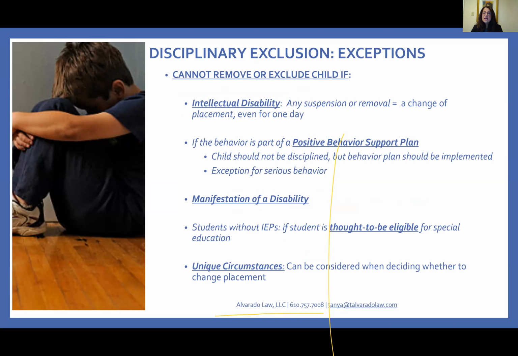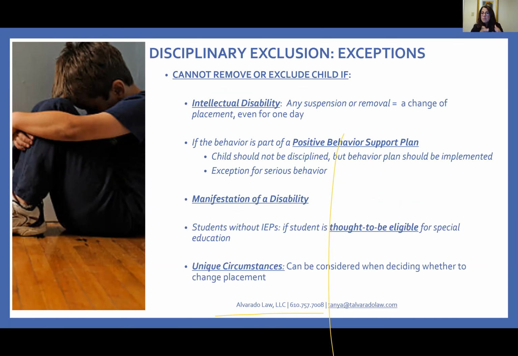The previous slide said the district can discipline your child, except for certain circumstances. If not disciplined, they can exclude your child from education. So if your child has an intellectual disability, any suspension or removal is considered a change in placement. So the disciplinary exclusions are looking at when have you changed a child's placement?